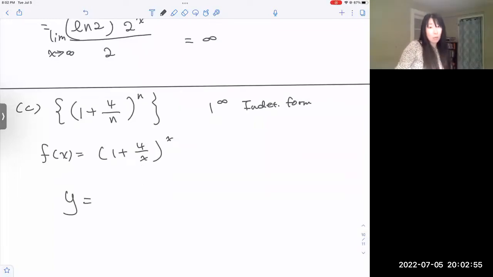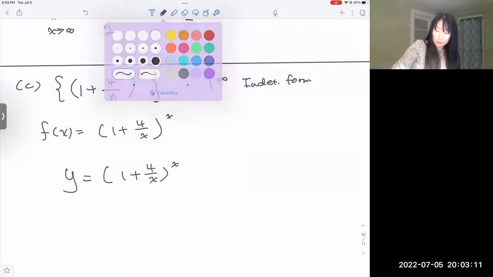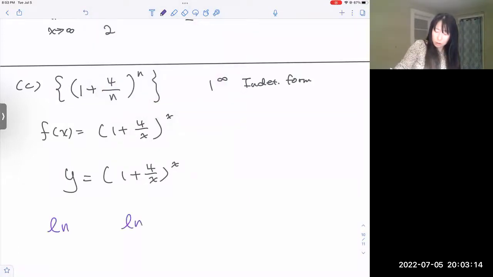Let's say that y equals 1 plus 4 over x to the x power. Okay, now since we have the exponent there, we take the ln of both sides to bring down the exponent, right? So we take the ln. So let's do that one step.